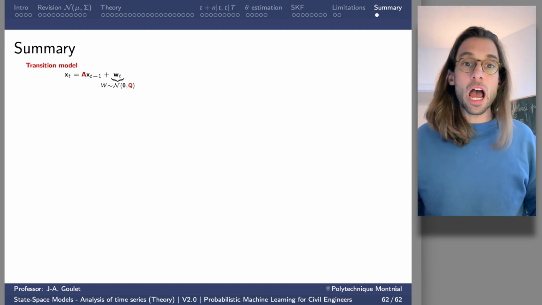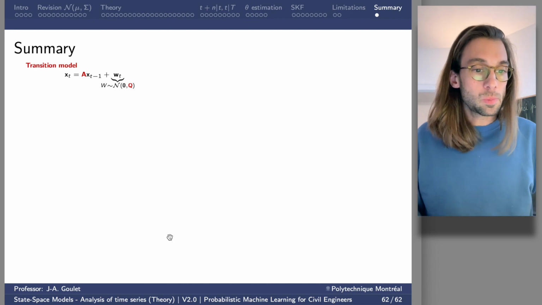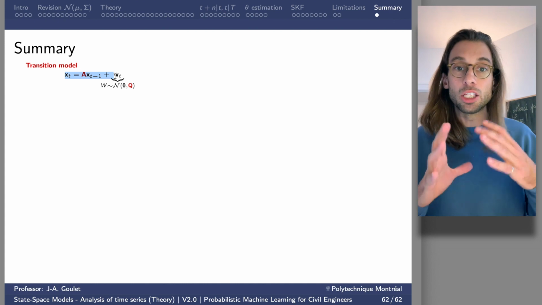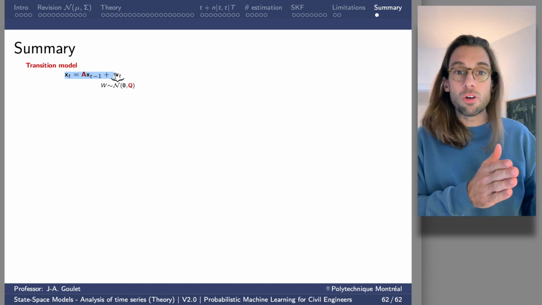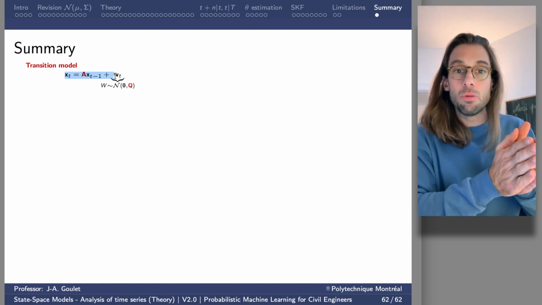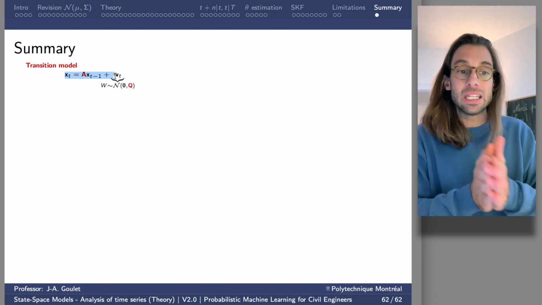So if we summarize what we've seen together, we have the transition model. This is the model that governs how we transit from our prior knowledge of time t-1 to our current knowledge of time t. When I say knowledge, it's knowledge about the hidden state variable.